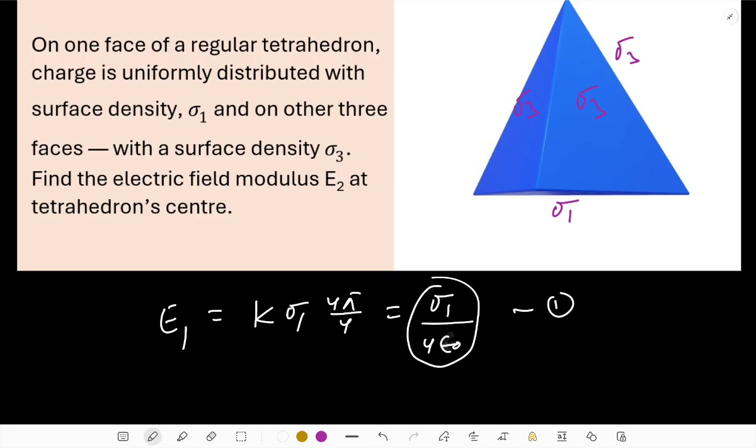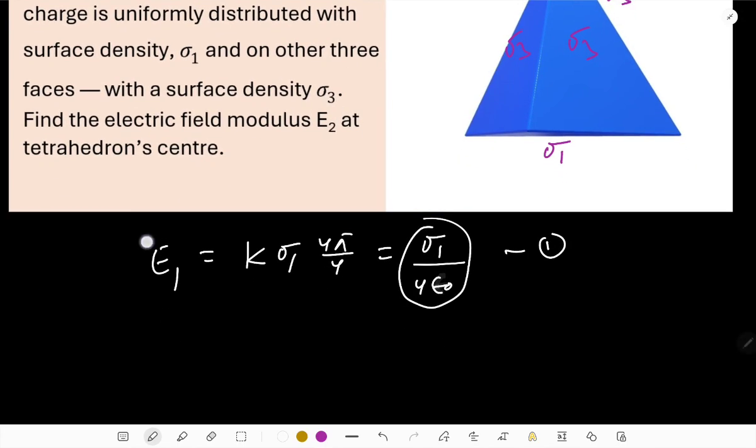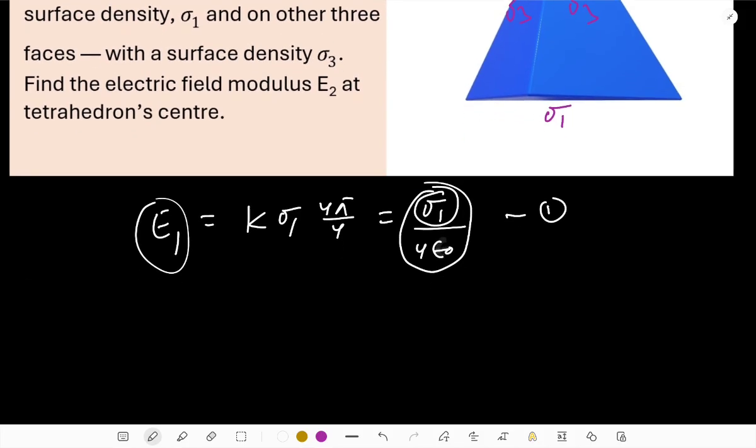Because the electric field is directly proportional to sigma, the three surfaces of charge density sigma 3 will together behave like a charge density of sigma 3, and they can produce the electric field E3, not E2, as E is directly proportional to sigma.